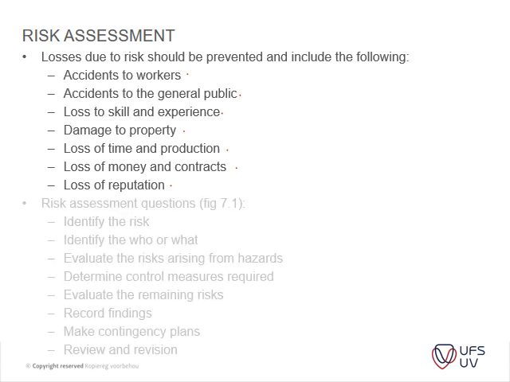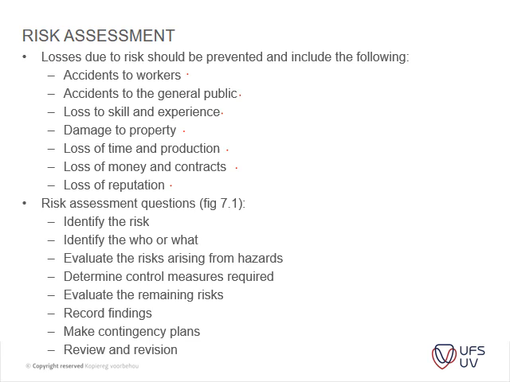But the basic steps that are highlighted in figure 7 are, firstly, you need to identify your risk, and then you identify who or what might be harmed, and then you evaluate the risk arising from hazards, and then you determine the control measures that are required.